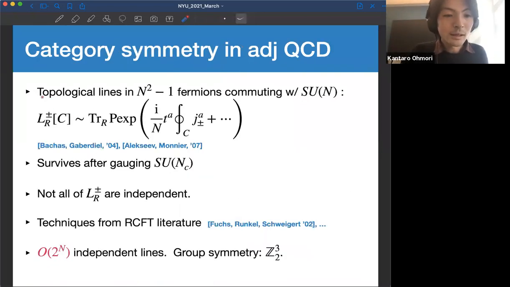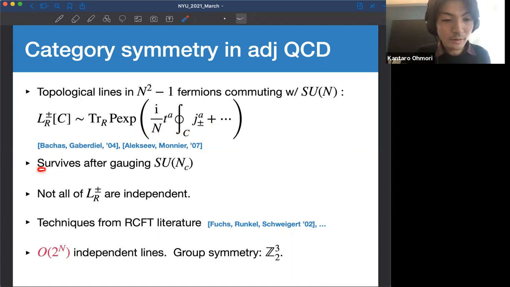Okay, so to find the topological lines, we thought about free fermions, and using all the papers we construct the topological operators just like the Wilson line, Wilson loop, but integrating J instead of A. And so these authors ensure that if we tune the coefficient and add the precise correction term, then this type of operator can be made topological.